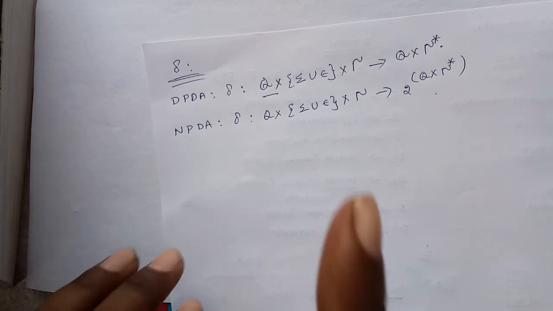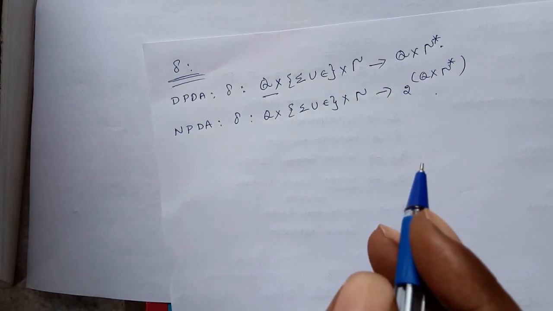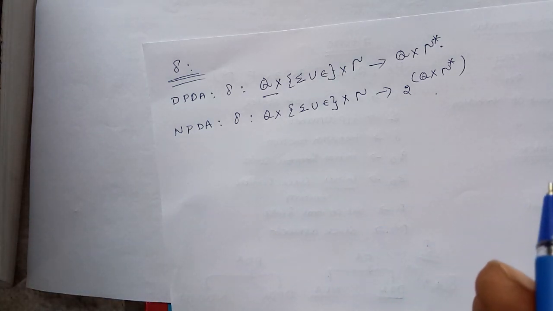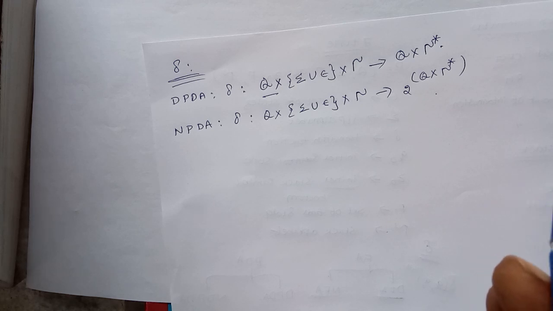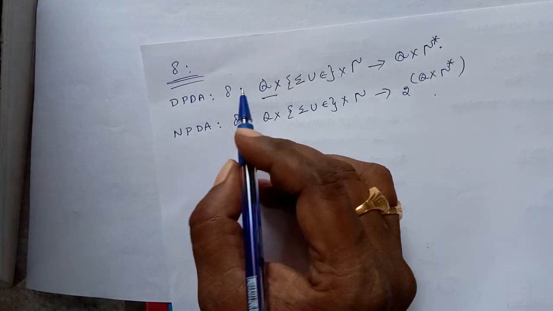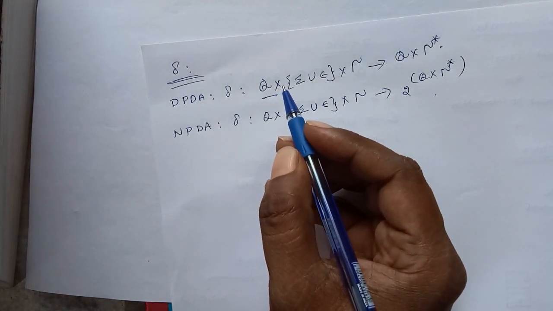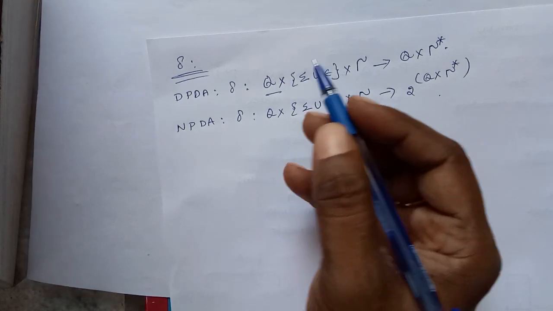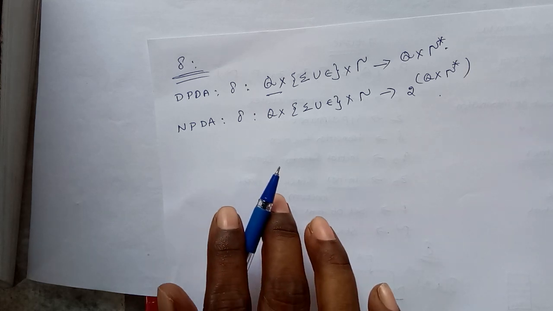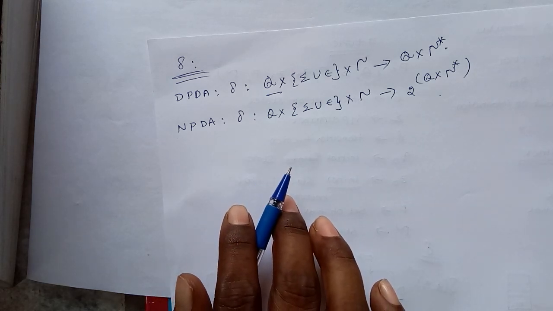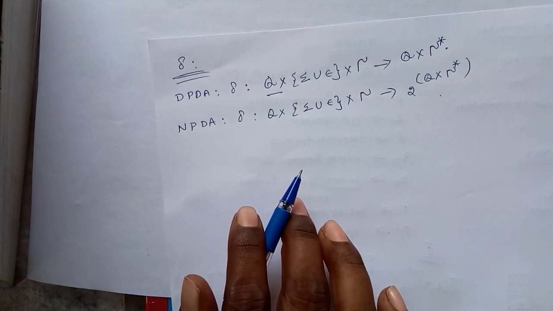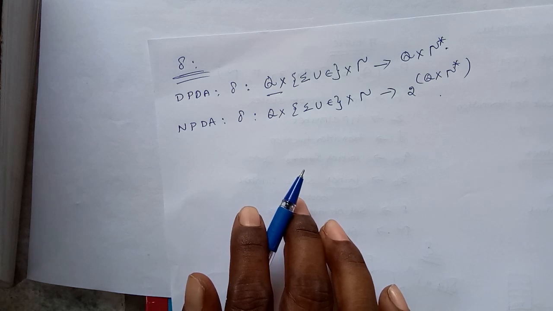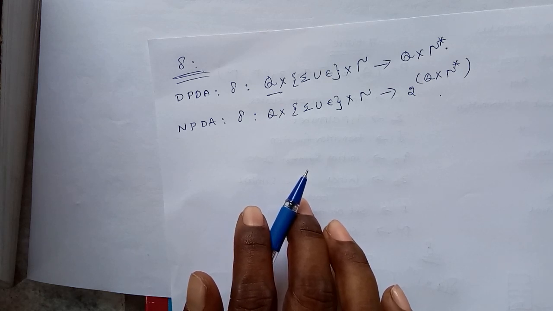But remember, both DFA and NFA are equally powerful. But coming to pushdown automata, both have different powers. Generally, the non-deterministic pushdown automata is more powerful than the deterministic pushdown automata.